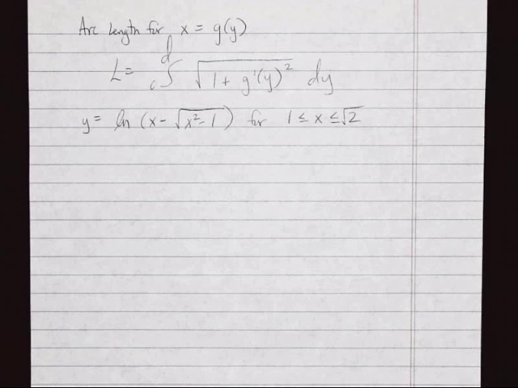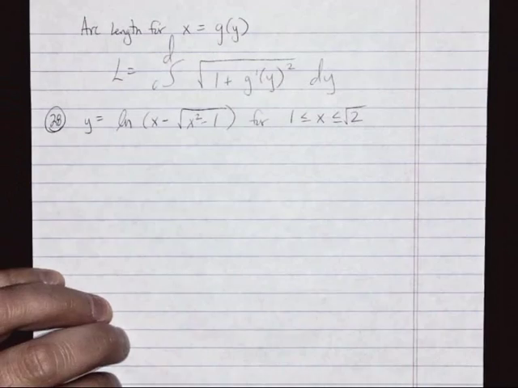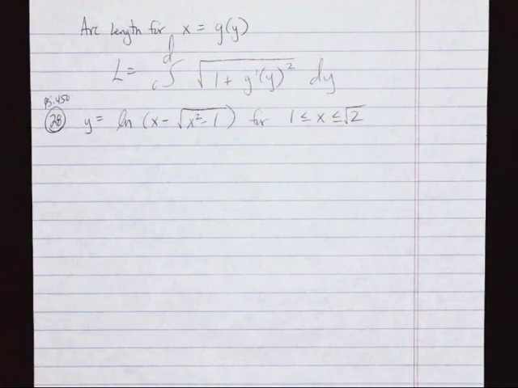I guess in certain situations it may be easier to do this if it's solved for x, because it might be easier to derive or integrate. I didn't do this one solved for y since the directions told me otherwise. This is number 28, sorry, on page 450. So I didn't do it that way, so I can't compare, but we'll do it this way just to show you.